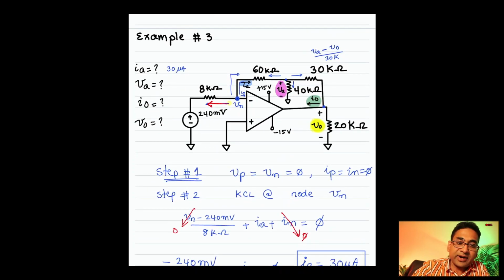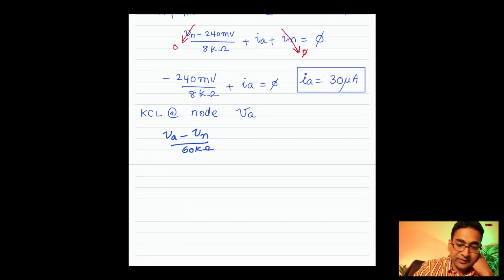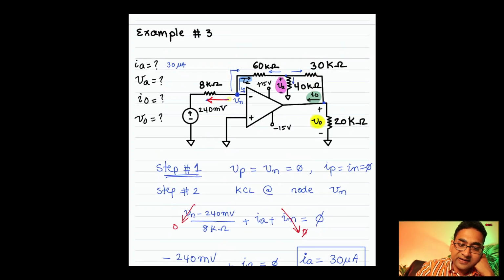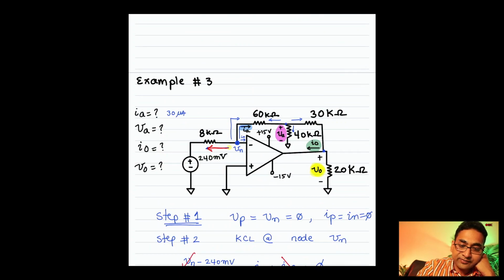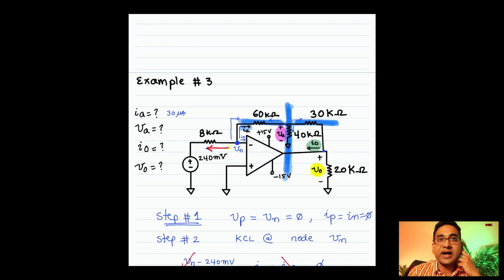Then the other branch current is this guy. Cut that, paste it over here. So there are two branch currents that we have taken care of, this guy and this guy. We still have to write the equation for the current going down.